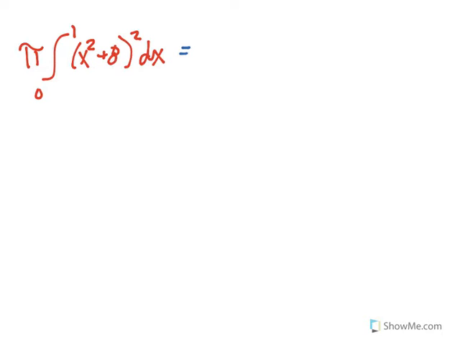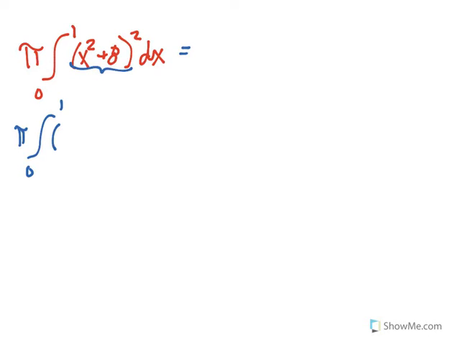There's a couple ways to take this integral. I could try using the chain rule look on the inside. The derivative of the inside is 2x. I can't counteract that, so I can't take the integral that way. But if it's squared, I could just work it out to see what it would look like. So it's going to be pi, the integral from 0 to 1. I'm going to square this.